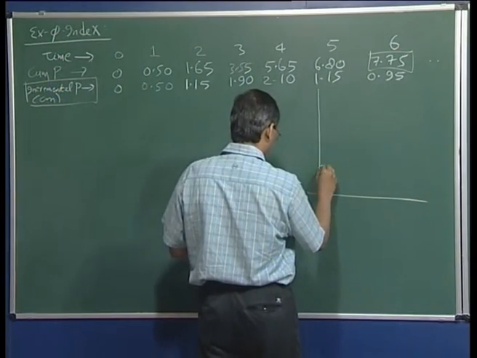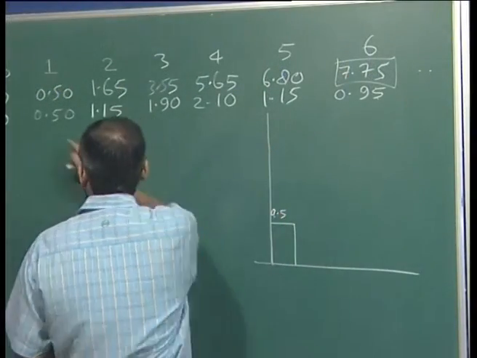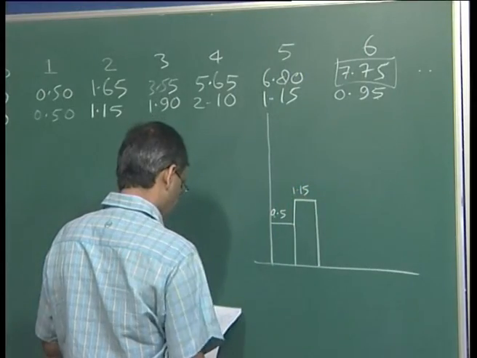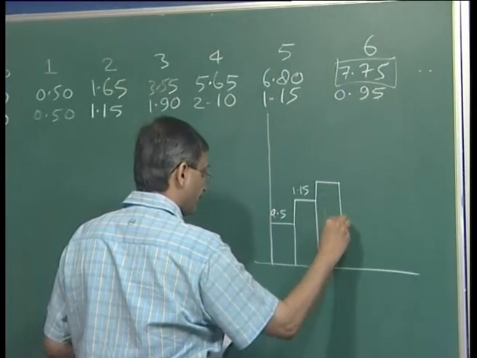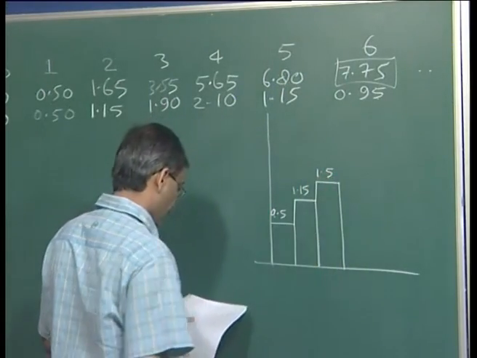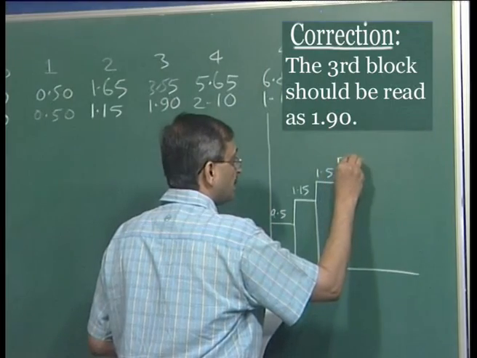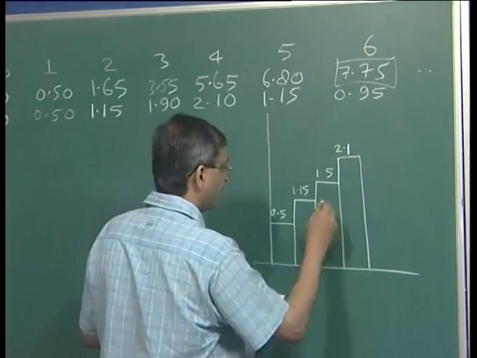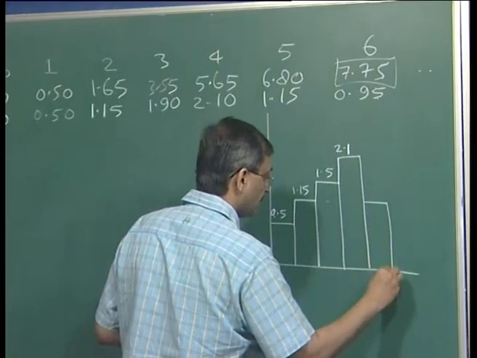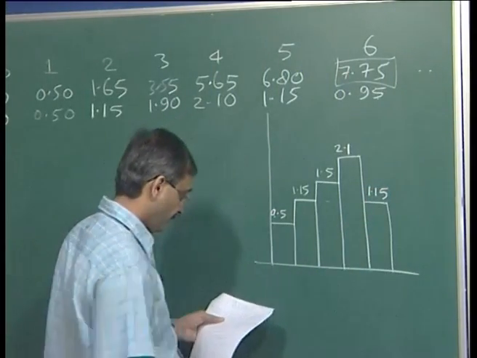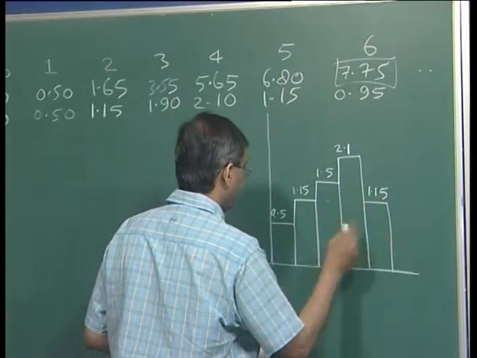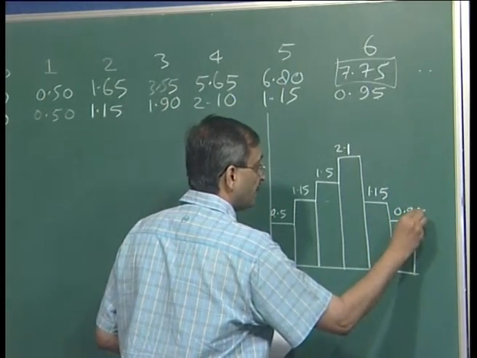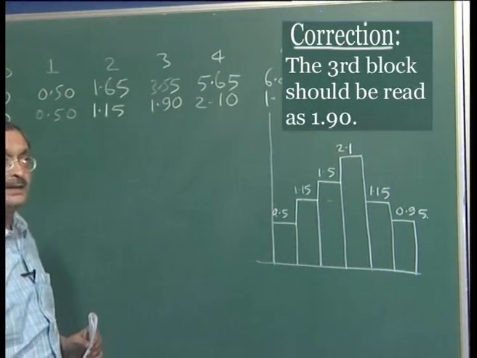These are the values we are going to have: 0.5 here, second is 1.15, third one is 1.9, next is 2.1, 1.15 again, and the last one is 0.95. So, this is the rainfall hyetograph data that are given to us.